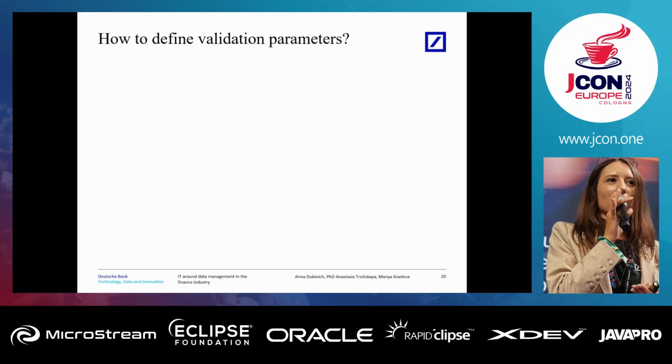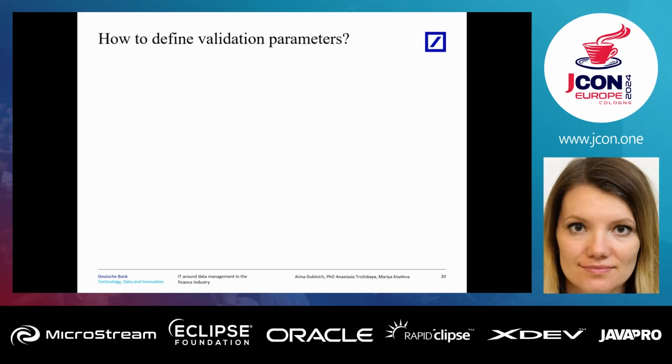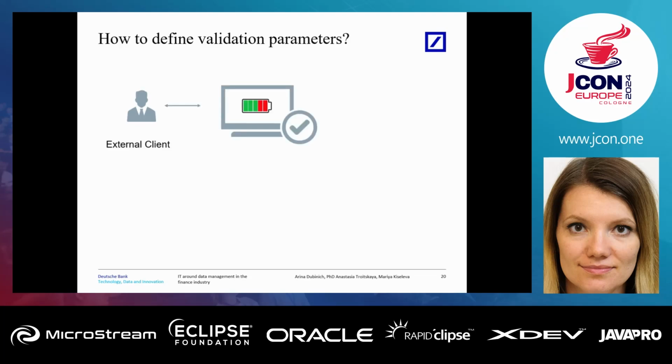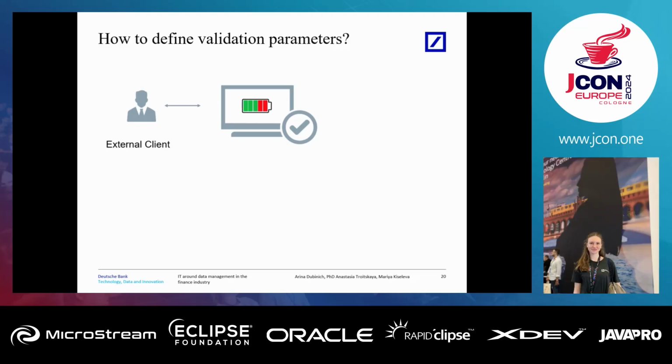First of all, to solve this problem, we need to define these validation parameters for each flow. Some parameters we receive from the external client, such as quantity, the product that they would like to buy or sell, security, assets. Some of the parameters we set in our internal system, for example, trader name and trader book.